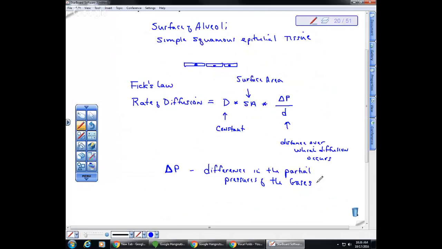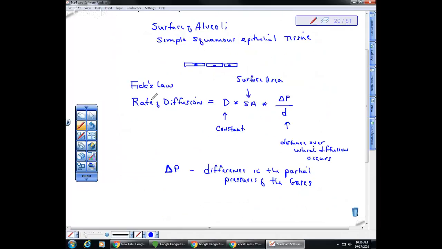And then obviously surface area, if you increase the surface area, then the rate of diffusion will also go faster. But notice little d is the inverse, right? So if I increase little d, what happens to the rate of diffusion? It decreases, right? You can tell a lot from this formula. If this increases, my rate increases.